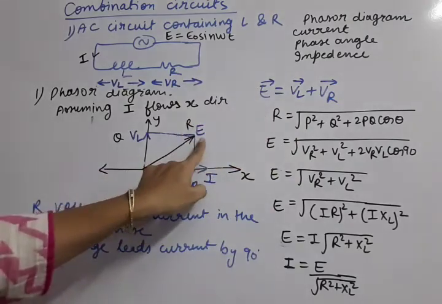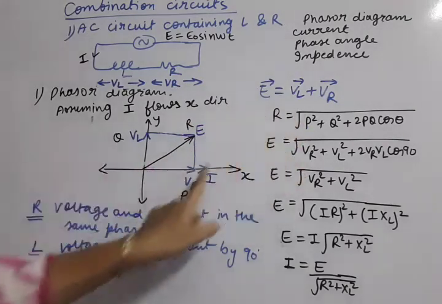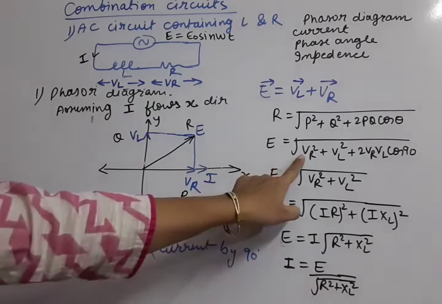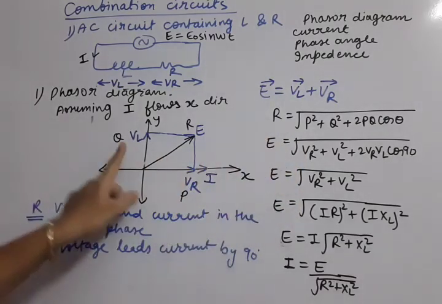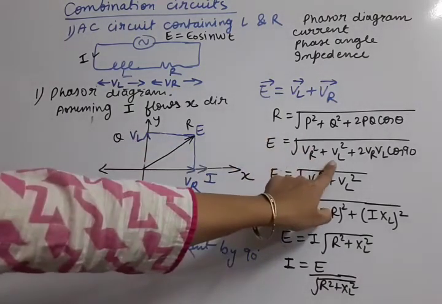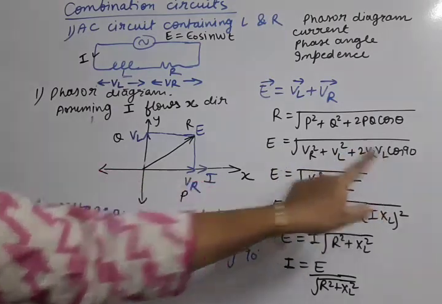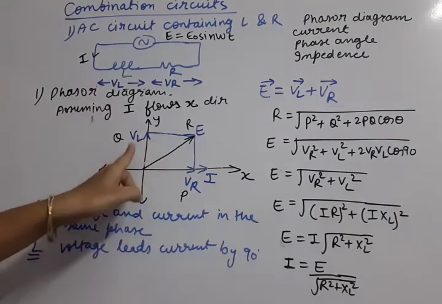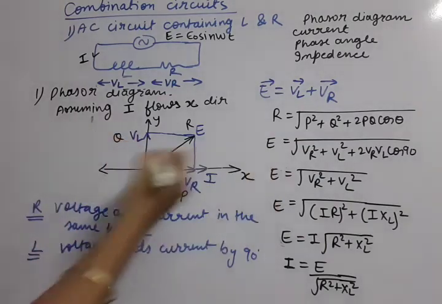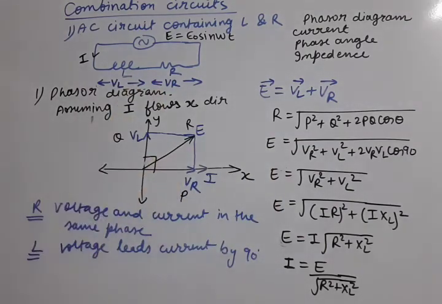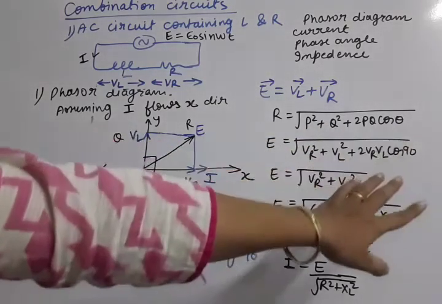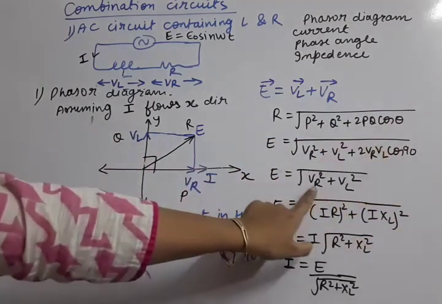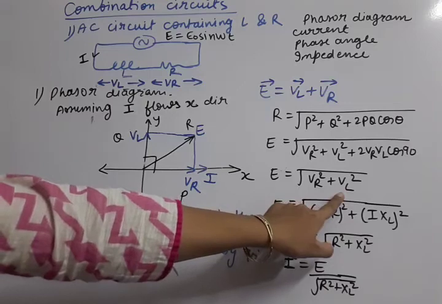Our resultant is E. Our P vector is VR vector, Q vector is VL vector, 2VR VL, and what is the angle between P and Q? P and Q angle is 90 degree because it is X and Y direction. So cos 90 is 0. So we are left with VR square and VL square.